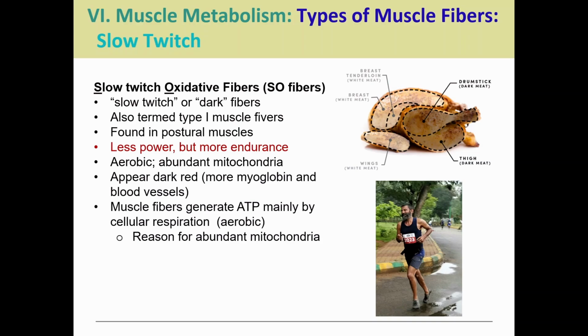They have a lot of myoglobin, which helps with oxygen storage. Because of that, they're generating a lot of ATP. It's not as fast of a process because we have the ETC and all that, but we can generate ATP over a longer period of time very consistently.